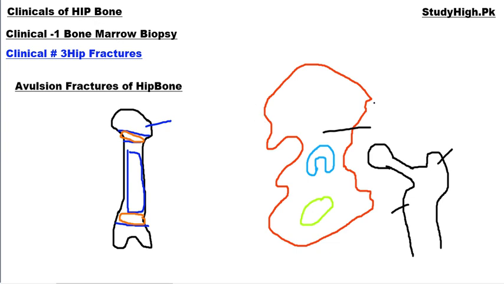So just remember what the epiphysis is. The rounded part of the bone involved in joint formation is called the epiphysis and the shaft is called the diaphysis, and between the epiphysis and diaphysis there is the metaphysis that contains the epiphyseal plate that is involved in increasing the growth of children.